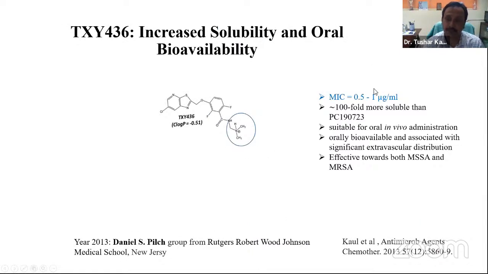With this modification, the solubility of this molecule is 100-fold more than PC190723, and the MIC value is similar, 0.5 to 1 microgram per ml. As the solubility is very high, this is very suitable for oral administration. They also checked that the oral bioavailability of this molecule is quite high in a mouse model.